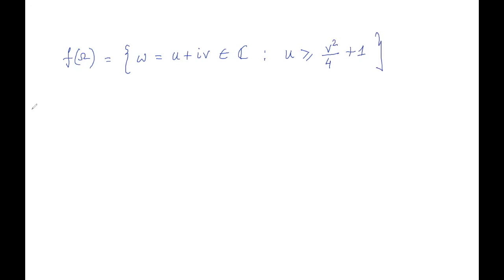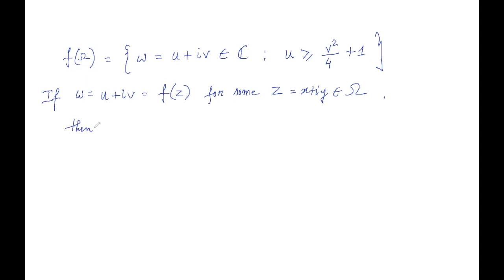So that's the parabola that we had. Now suppose w is equal to u plus iv, and that is equal to f of z for some z equal to x plus iy in the domain omega.